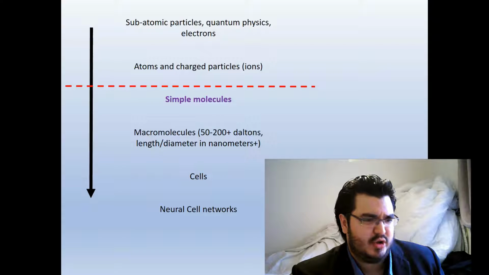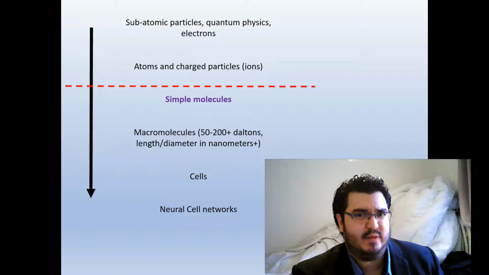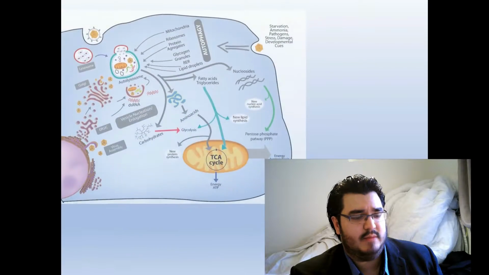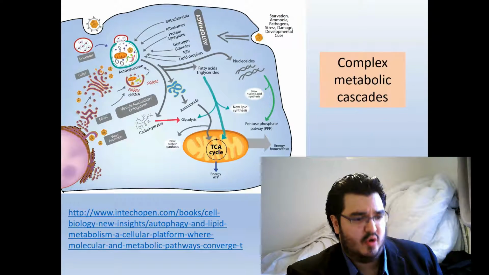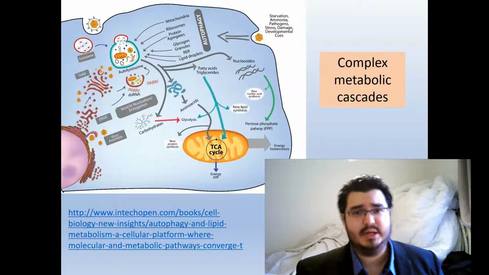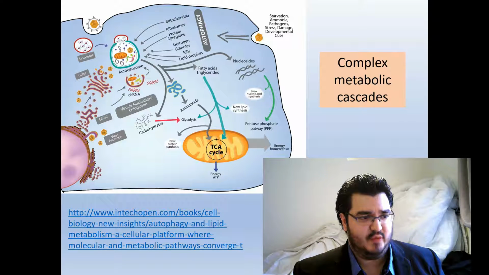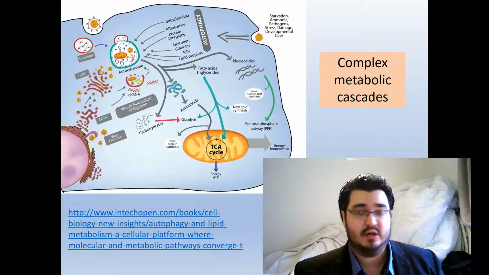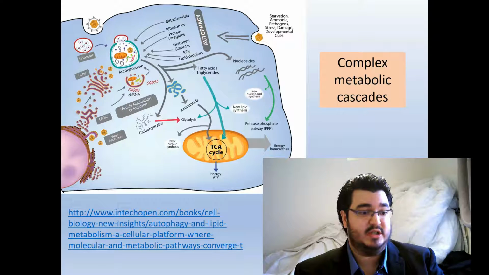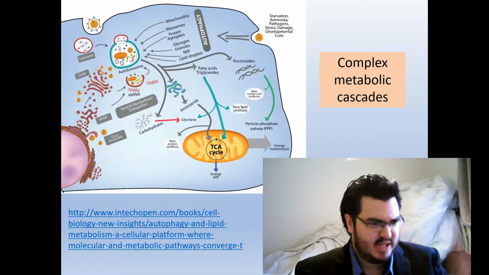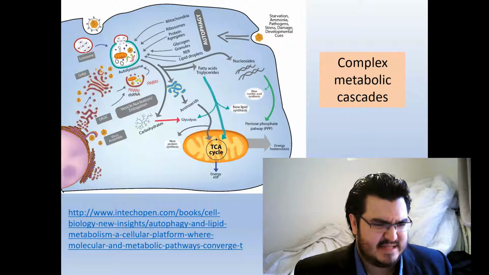That's it. We're not going to go too much in depth with the chemical elements. What we're interested in is simple molecules and how they form macromolecules. We'll talk about that, and you do have to know this. For A-level, for university, if you want to do cell biology, you have to know all the complexities of it. Even this diagram here, I don't think is that complicated.